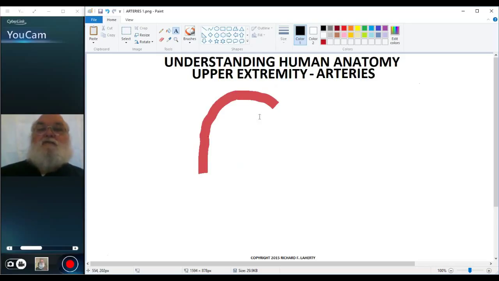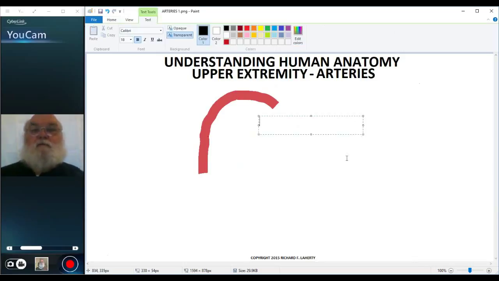First, we have the subclavian artery. The name means literally under the clavicle. Sub is under, clavian refers to clavicle. The subclavian artery.